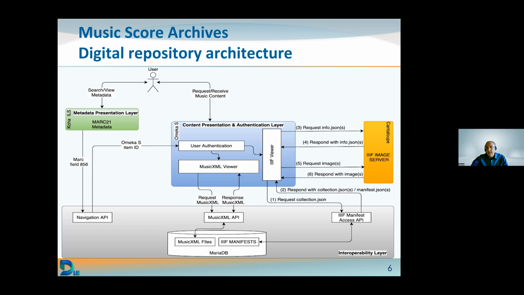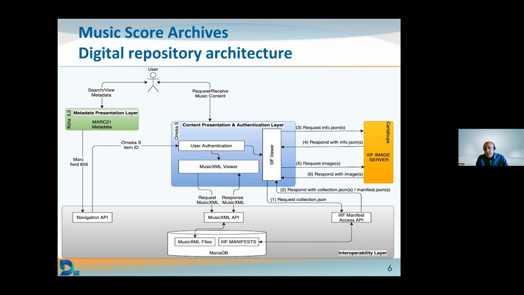This slide depicts the overall architecture of our digital repository. In our digital repository, the IIIF story is involved in the task of organizing and delivering the collections of images of the digitized handwritten music scores. Handwritten music scores are collections of full scores and parts, and each score is a collection of images.